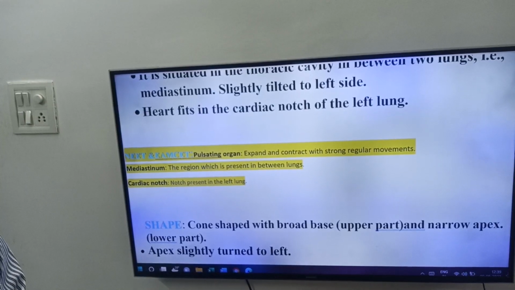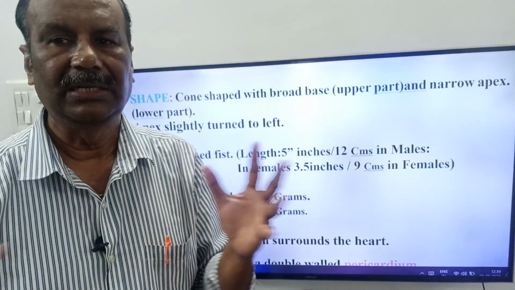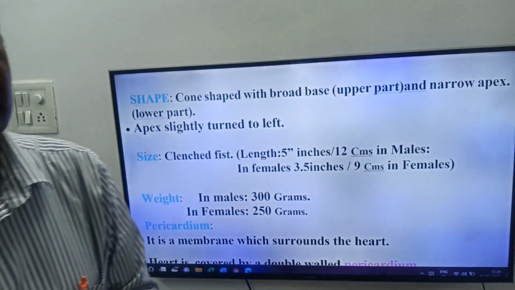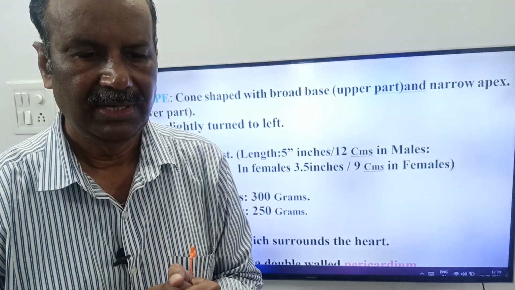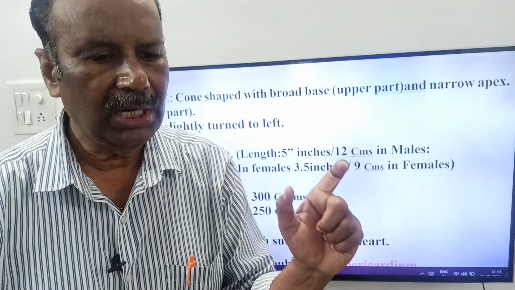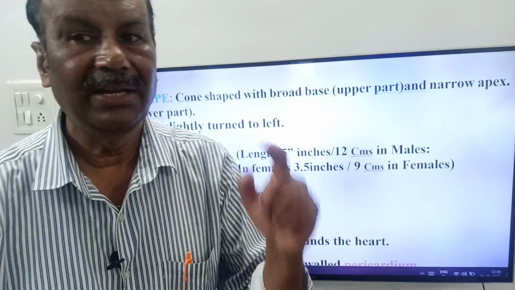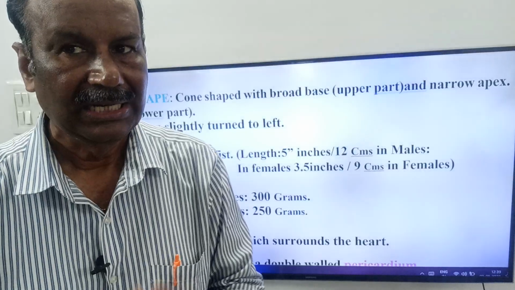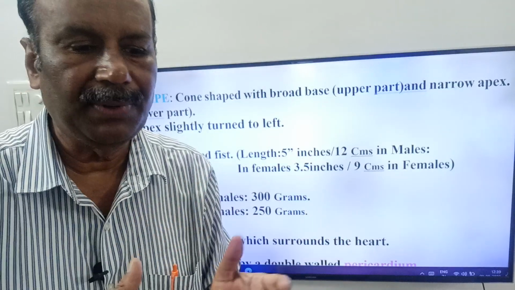Okay, now come to the shape of the heart. Our human heart is a cone-shaped structure. It has a broad base, the upper part, and a narrow apex, the lower part.